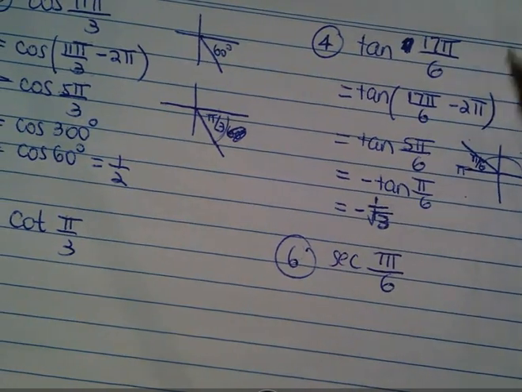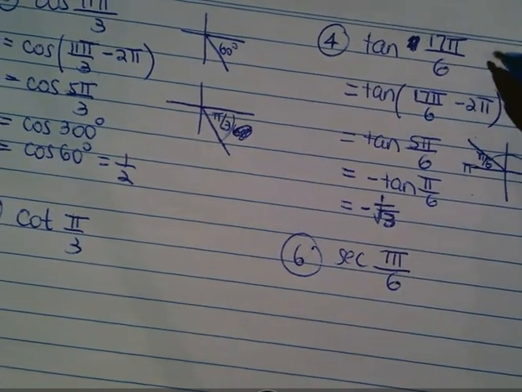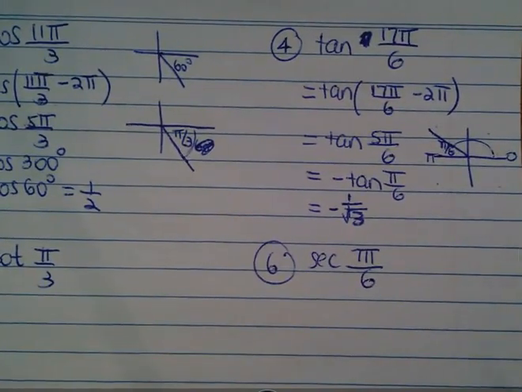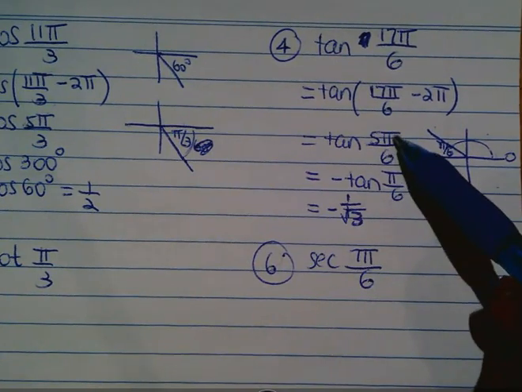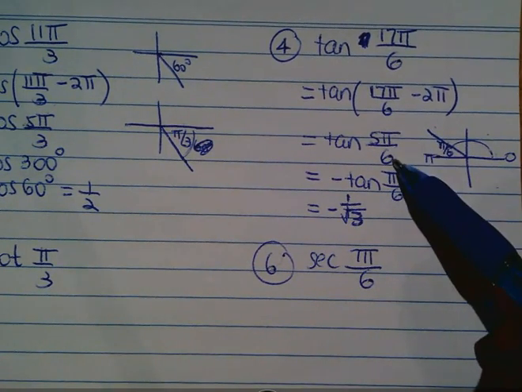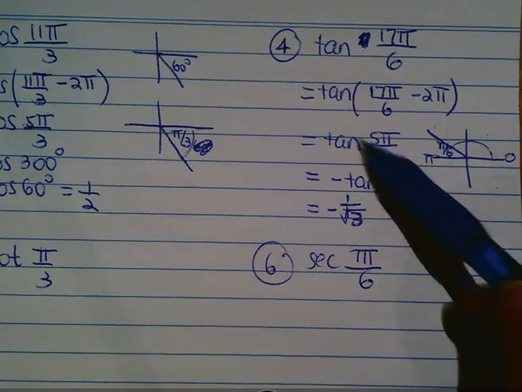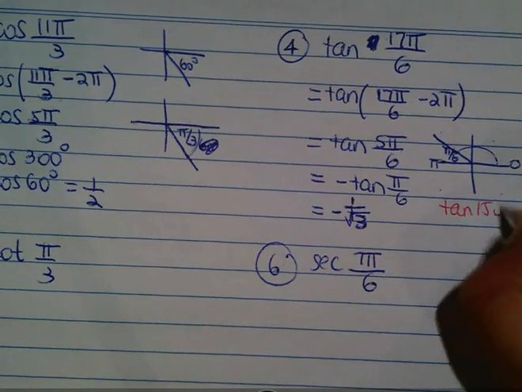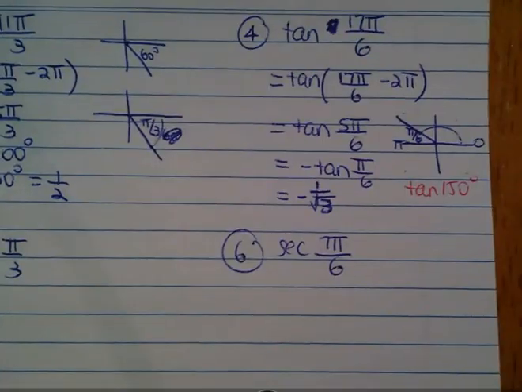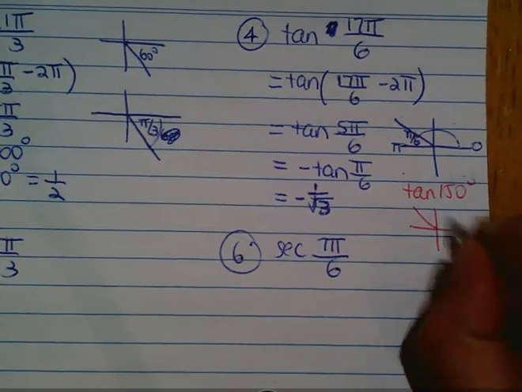Now, if you want, you can just convert this to degrees to start off with, and just do what you normally would have done in degrees. So you can write this in degrees as 5 times, now pi on 6 is 30, so it's 5 lots of 30. This is the same as doing tan of 150. So you can do it like that if you want, by drawing the 150 there.